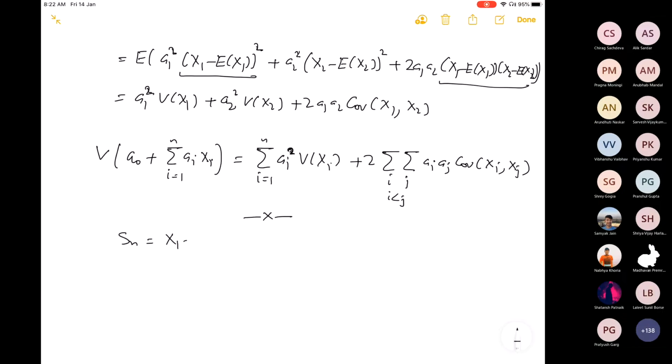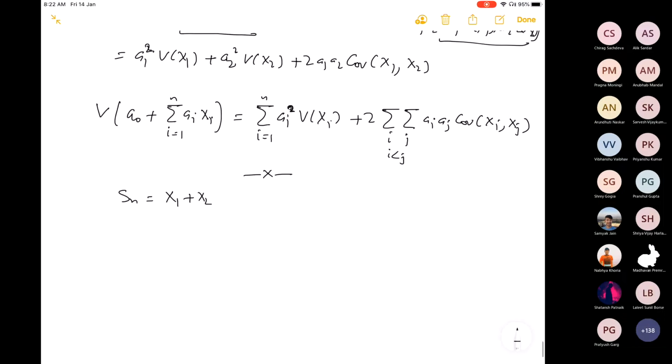let me take Sn as x1 plus x2. So what is the moment generating function of Sn at t? That is the expected value of e raised to power t Sn. This is nothing but the expected value of e raised to power t times (x1 plus x2).